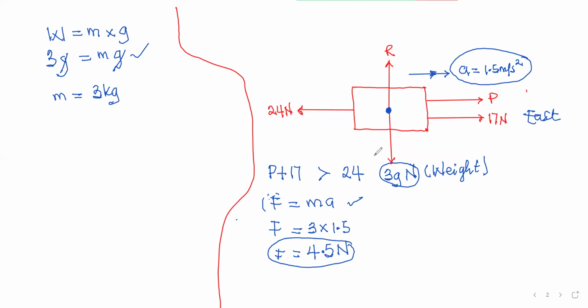So because the body is moving due east, P plus 17 minus the forces acting due west, 24, must be equal to the difference between them, which is the applied force, which is causing the acceleration of the body.